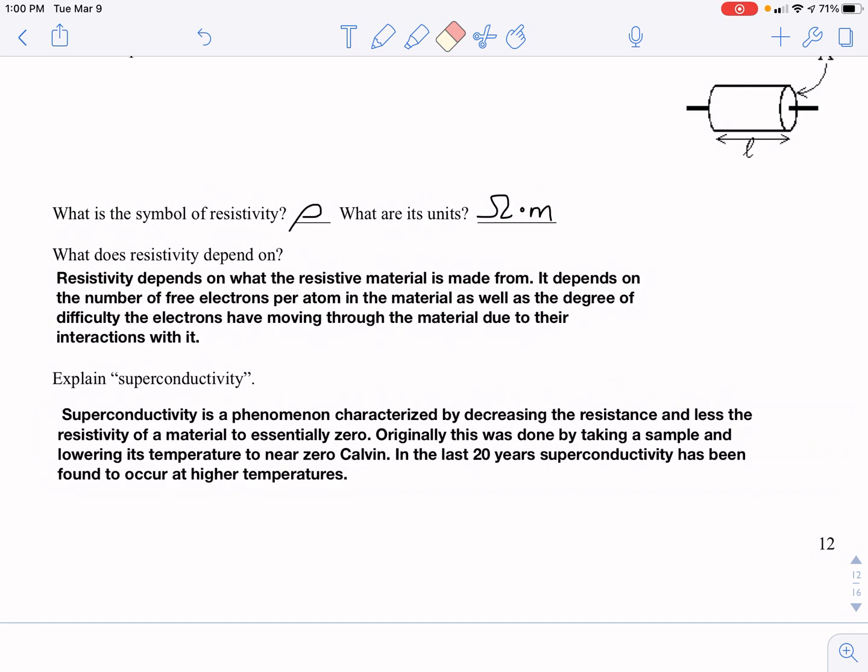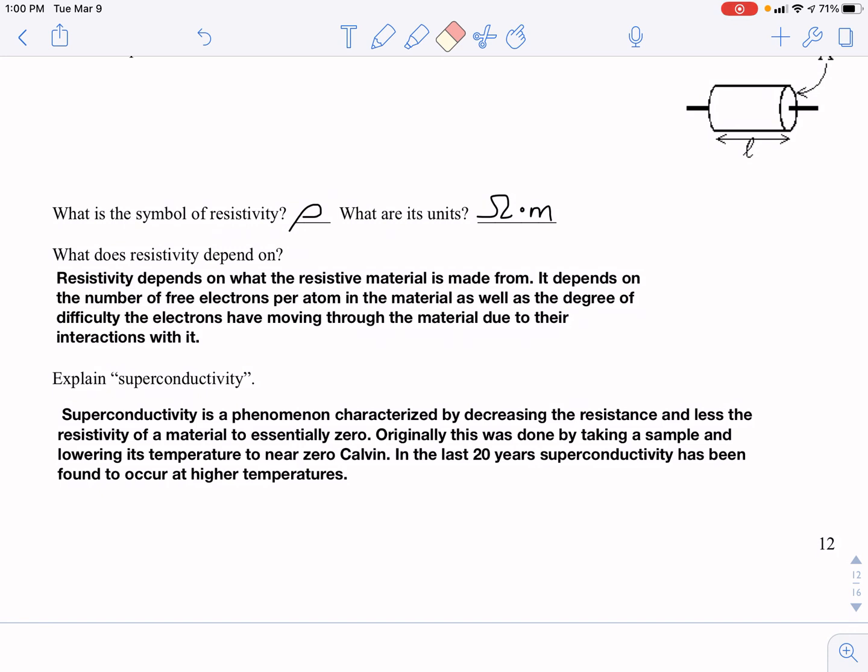Superconductivity is characterized by taking the resistance essentially down to zero, and thus the resistivity down to zero. This was originally done by taking a sample of mercury and submerging that sample in a very cold environment so as to decrease the temperature to 4.2 Kelvin.